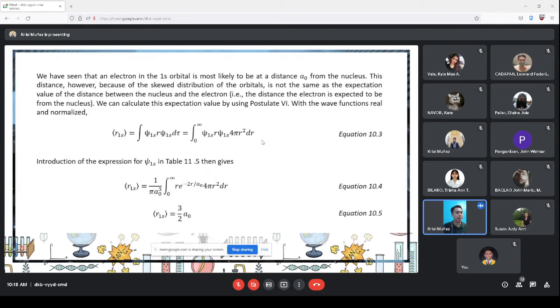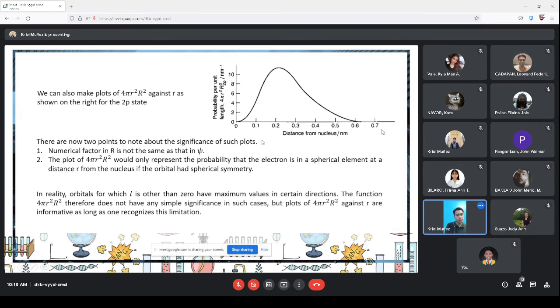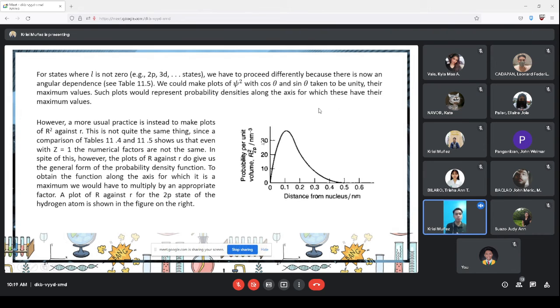So yeah, the most likely distance is the Bohr radius, right? From the nucleus. This distance, however, because of the skewed distribution, as you can see, class, is not symmetric. It is always skewed and always favors one side.